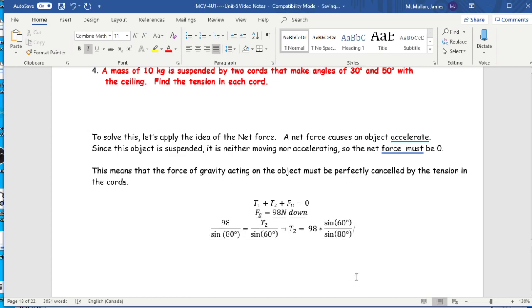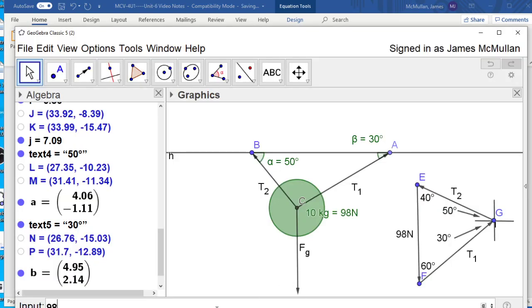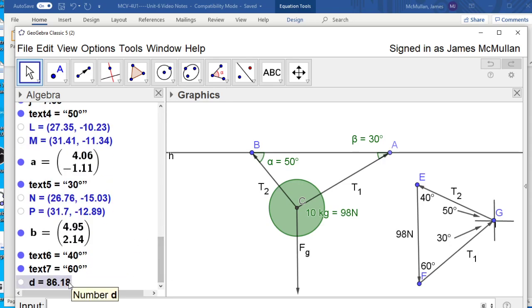So let's go 98 times sine 60 divided by sine 80. Okay, so 86.18 newtons.